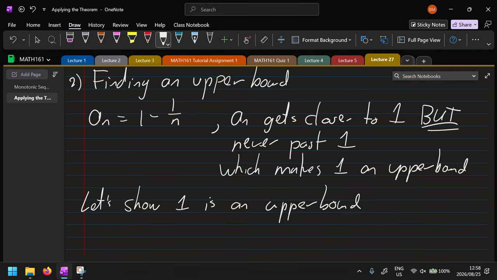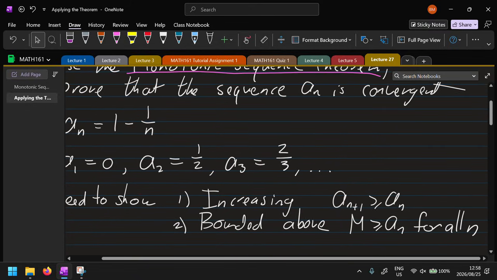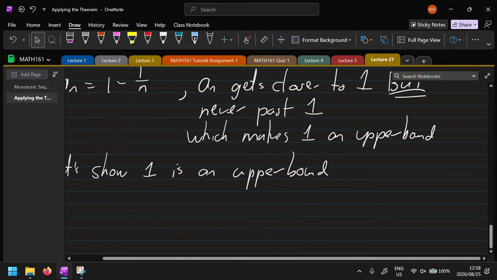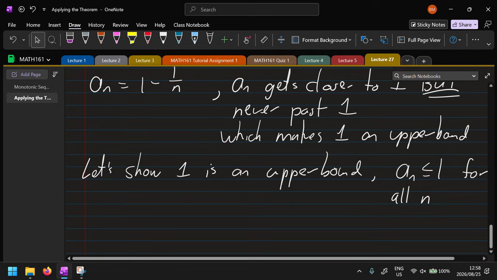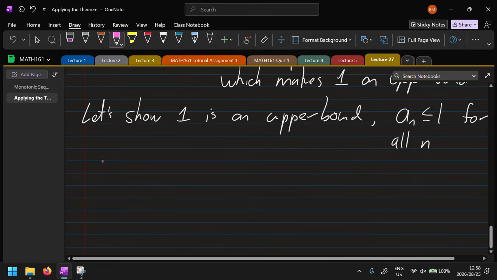Yeah. So we want to show that 1 is an upper bound, which means we need to show this inequality over there, with capital M being 1. So same sort of game as before. We need some starting points, and we're going to build up to that inequality there. So again, let's think about where to start.